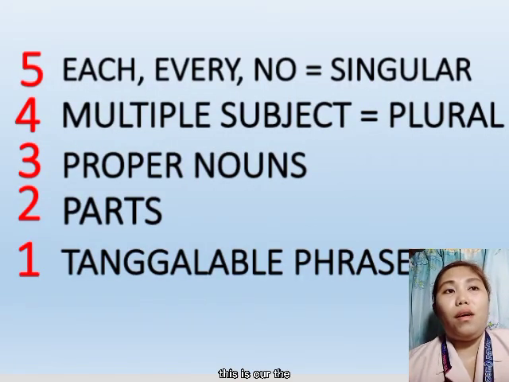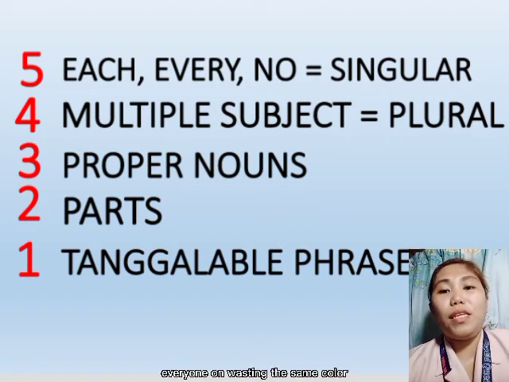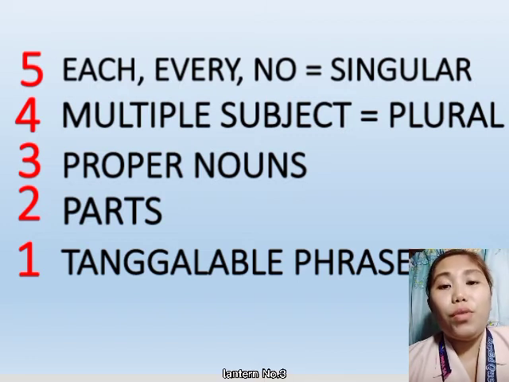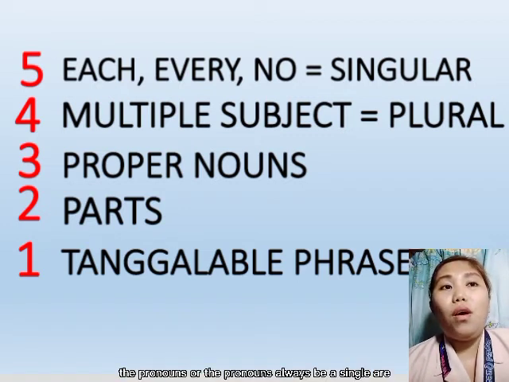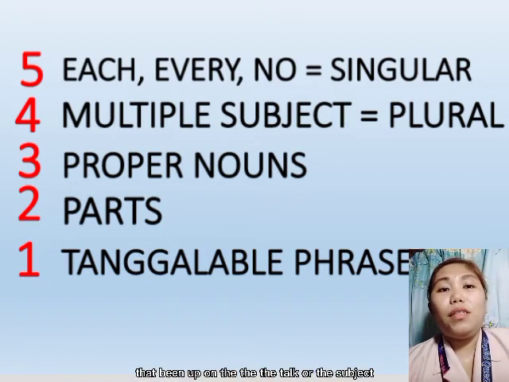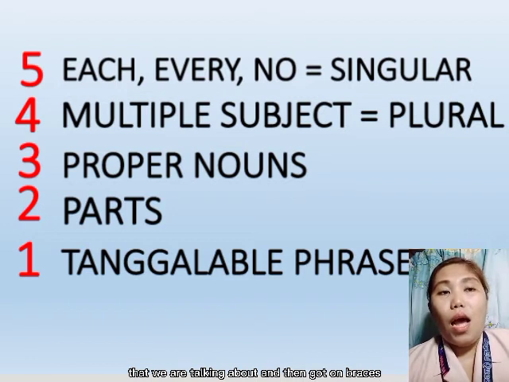So this is our number 5. Number 5, each, everyone, always singular. Number 4, multiple subjects, always take the plural form of the verb. And number 3, the pronouns or the proper nouns are always singular, and the form depends upon the topic or the subject that we are talking about.